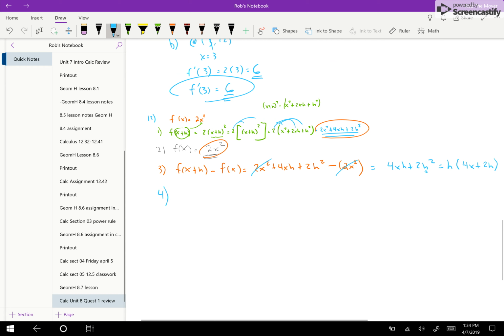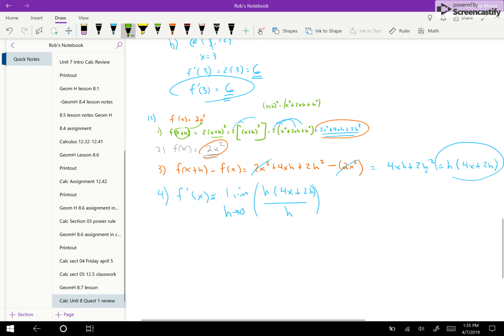My derivative equation is f prime of x. Notice now I've changed to f prime. All this was f. Now I'm doing f prime. The derivative is the limit as h approaches 0 of, what's my numerator? My numerator is my line 3, with the h factored out. I haven't canceled it out. I've only factored it out. But it gets divided by h.